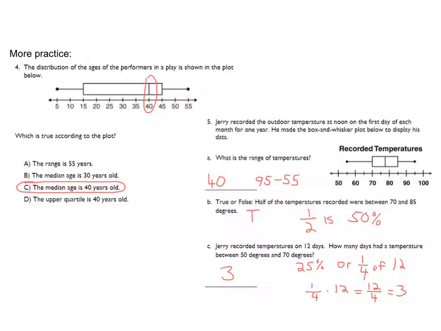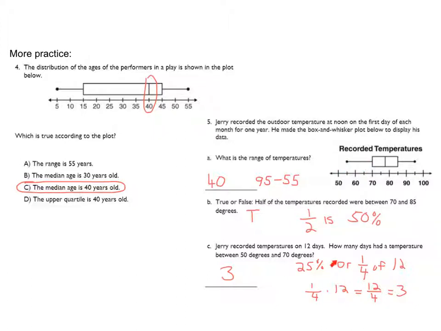And then for number 3, this is telling us how many numbers are represented in this box plot. It says how many days had a temperature between 50 and 70. Well, 70 is the end of our first quartile, so we know that from here below is 25% of our data points.